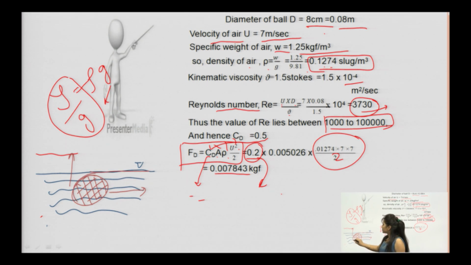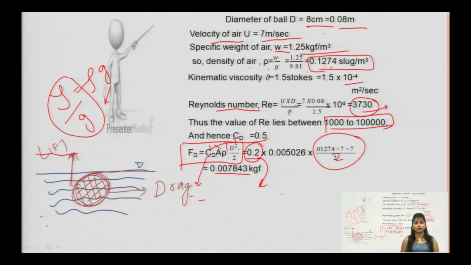So, to calculate the total force acting on this body, we will be calculating the perpendicular force separately, that is lift force, and the one acting horizontally or in the direction of flow will be termed as drag force. And these forces will give you the exact amount of force experienced by a body when it is flowing through a fluid.